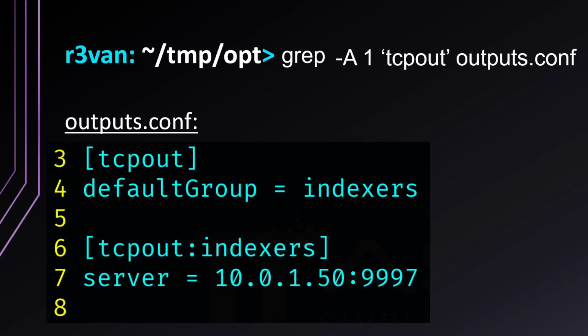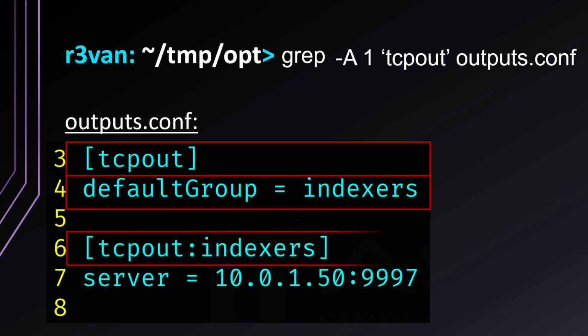But when I type grep dash uppercase A 1 TCP out outputs.conf, grep goes inside the outputs.conf file and grabs any lines containing the matching pattern TCP out along with 1 additional line after the line with the matching pattern. The number you give grep after the dash A controls how many additional lines after the line with the matching pattern should be returned.